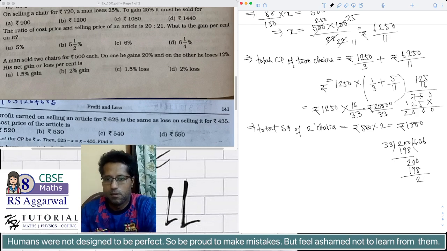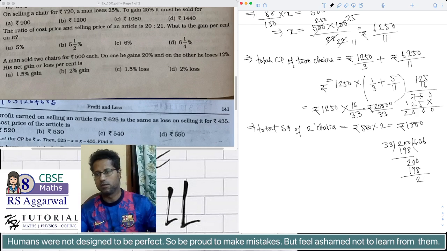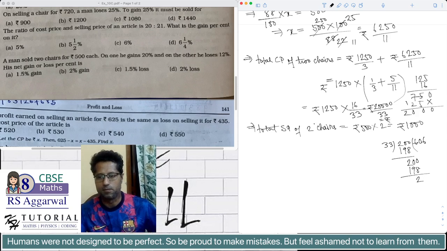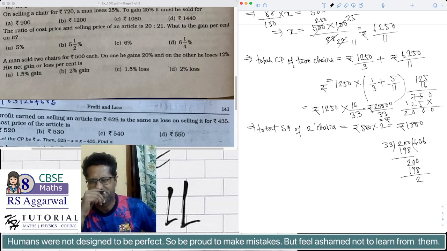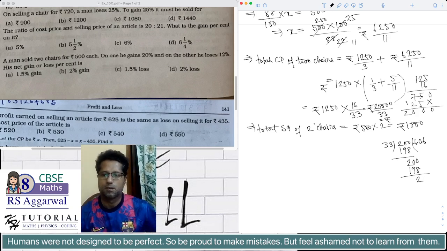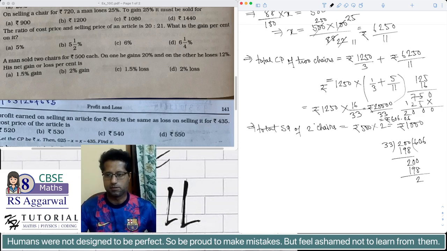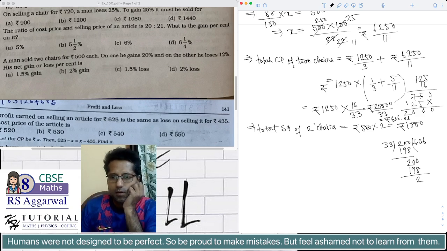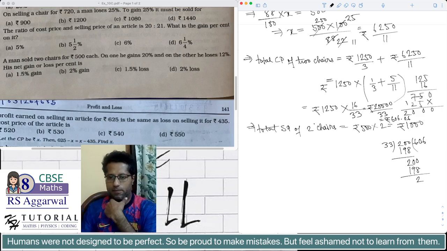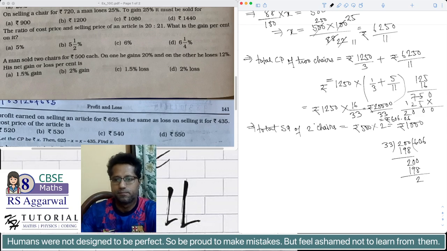So the total cost price of two chairs is rupees 20,000 divided by 33, which will be approximately 606.06, and the selling price is rupees 1,000.